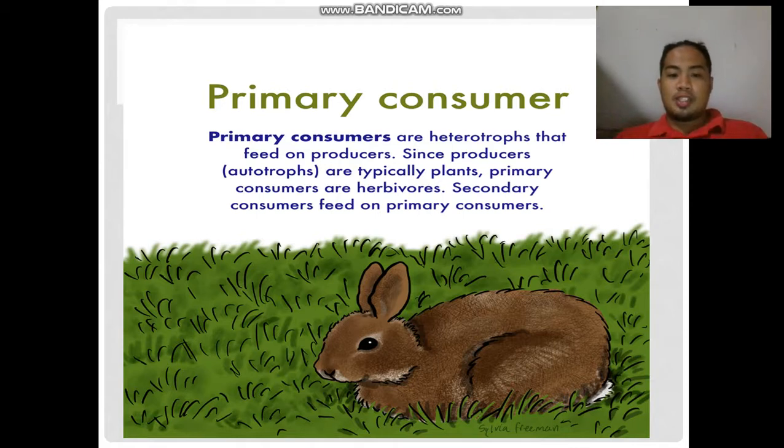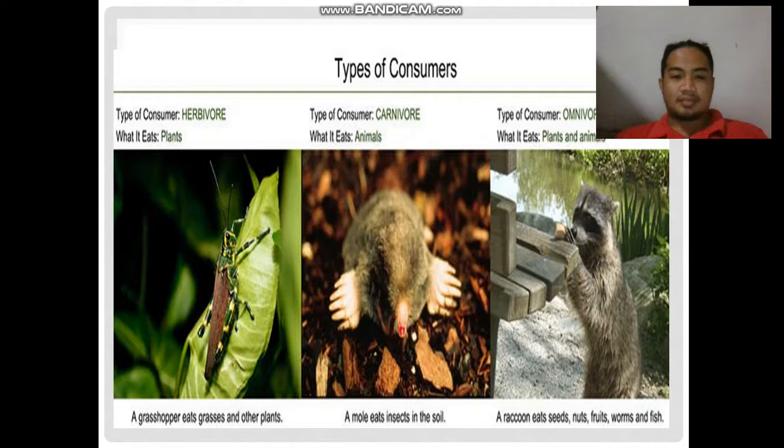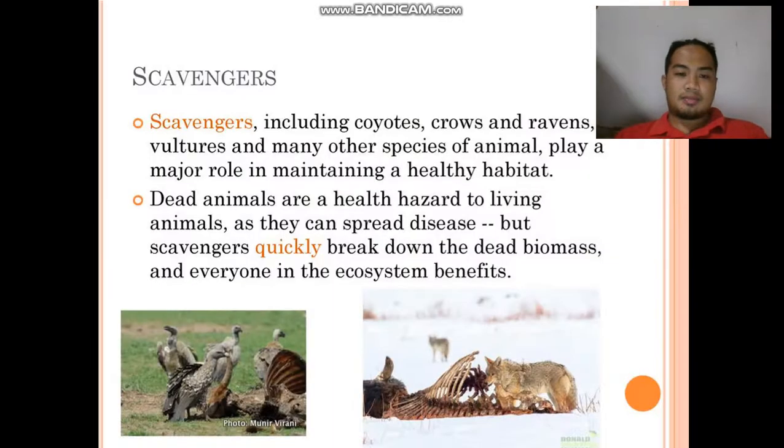Since producers or autotrophs are typically plants, primary consumers are herbivores, and secondary consumers feed on primary consumers. The different types of consumers include herbivore, carnivore, and omnivore. Herbivores eat plants, carnivores eat animals, and omnivores eat both plants and animals.